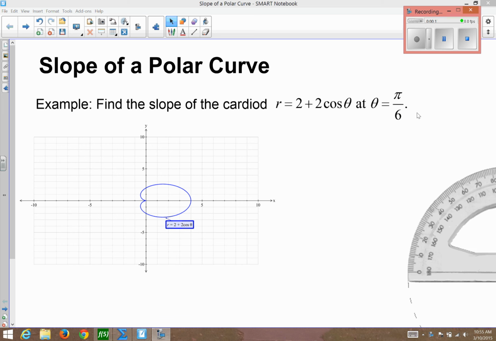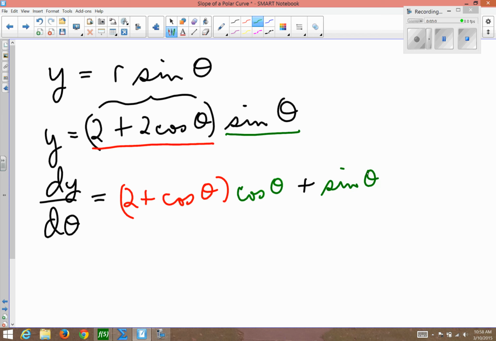So the derivative of y with respect to theta, y is a function of theta. The derivative of y with respect to theta is the first times the derivative of the second plus the second times the derivative of the first.